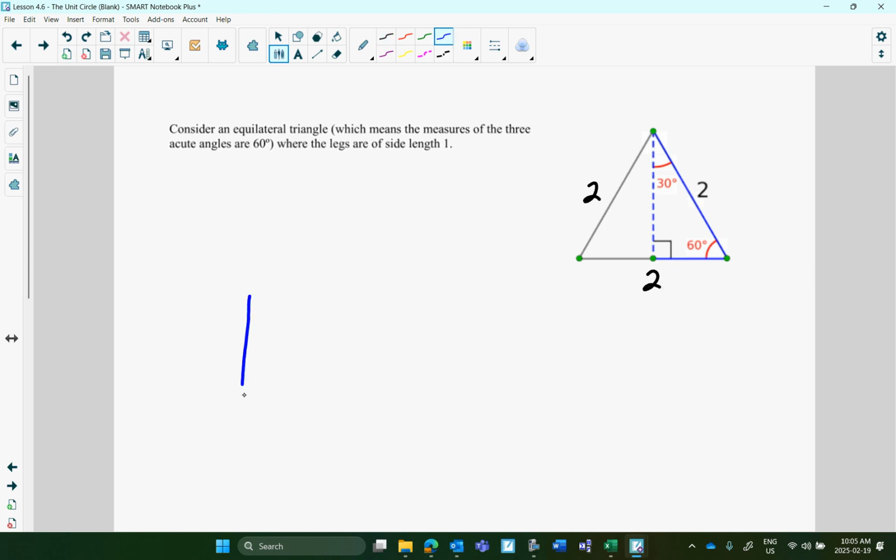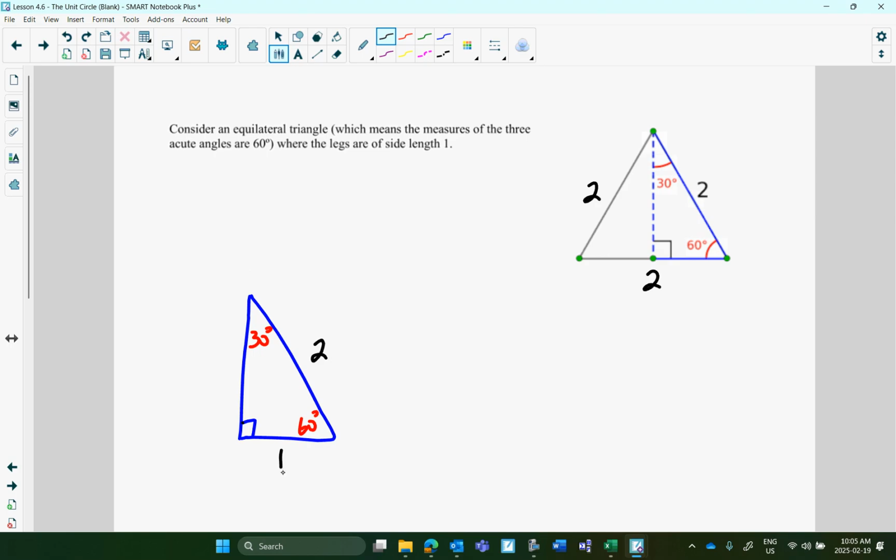So let's focus on this one. This is 30 degrees. This is 60 degrees. This we call 2. This we don't know, but we do know this. Isn't it half of 2? So it's 1.